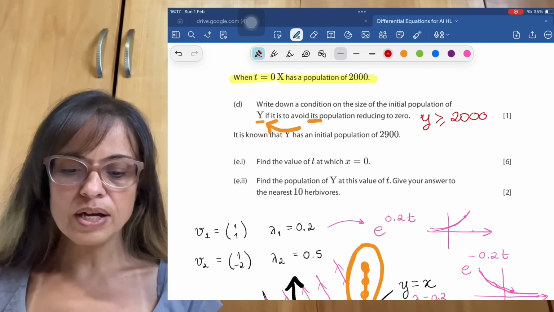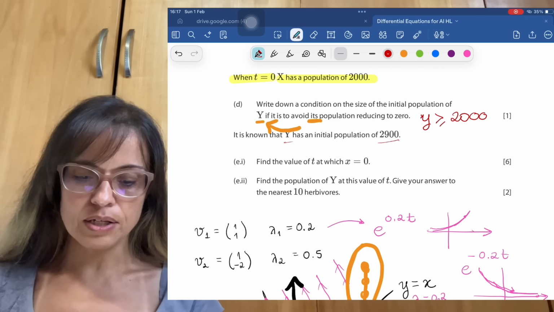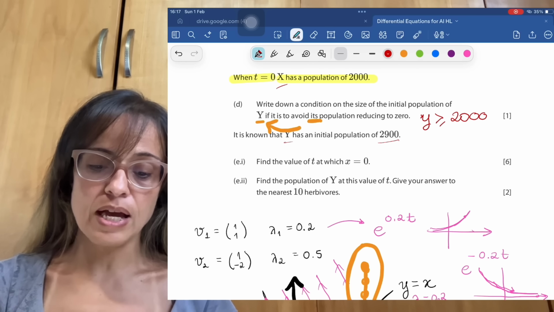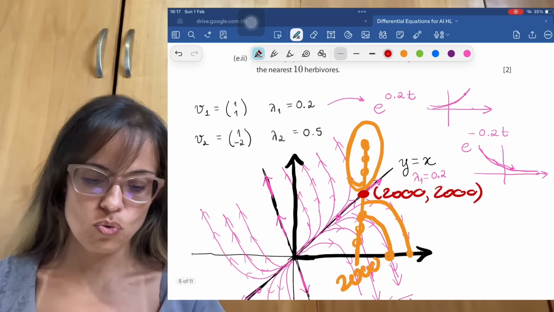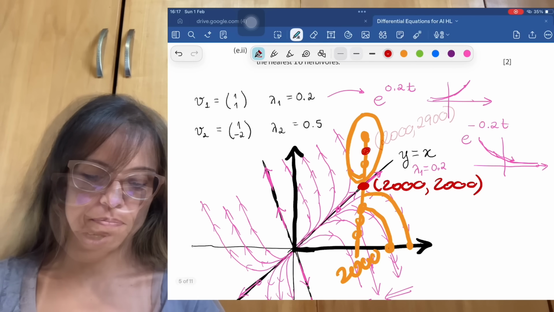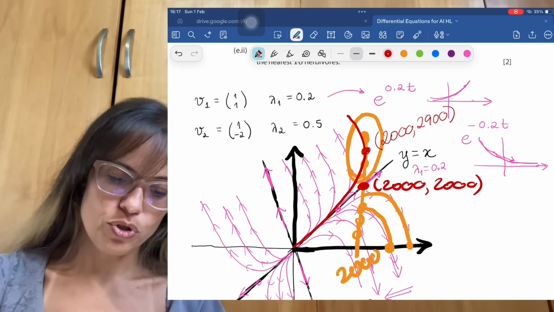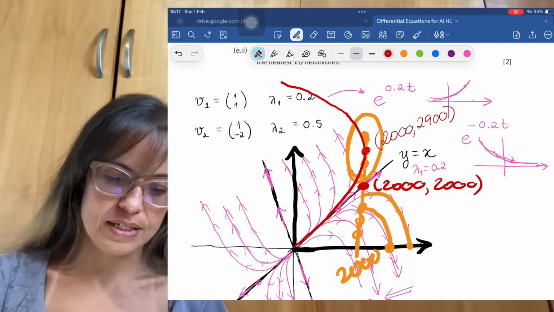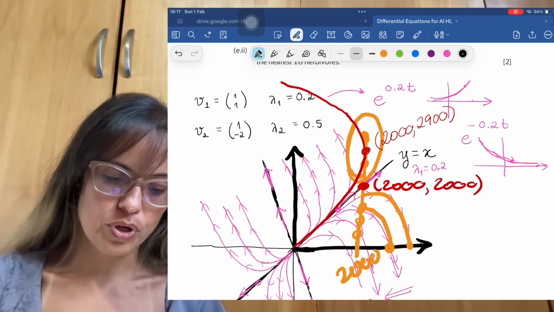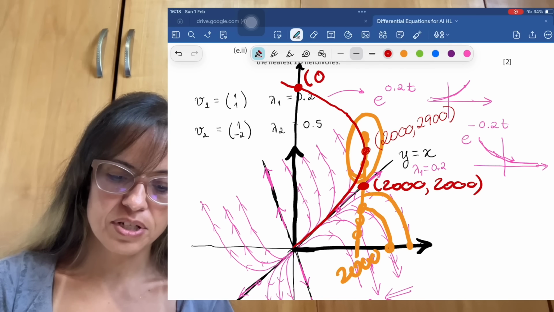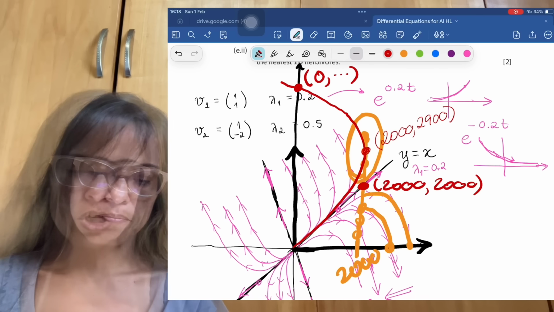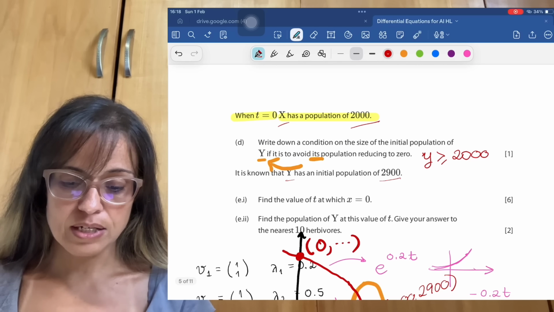It is known that y has an initial population of 2,900, and we are still using x as 2,000. So I don't know, we are kind of here. This is the sort of trajectory that is eventually going to make not y, but x be equal to 0 at some point. This point here has coordinates 0 something. So that is what he is asking us about.